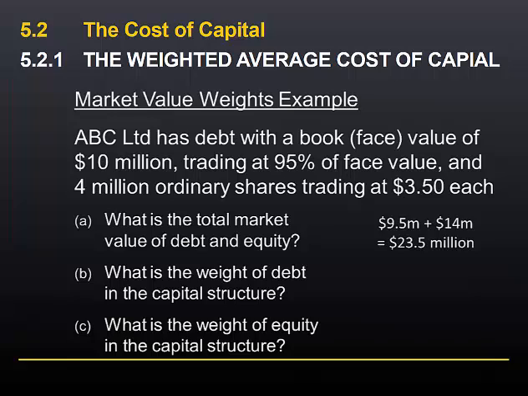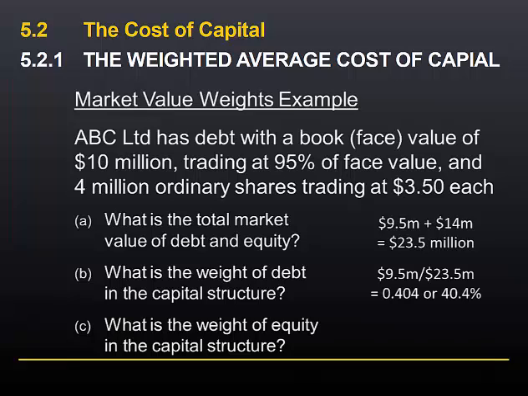Since debt is trading at 95% of its book value of $10 million, the market value of debt is $9.5 million. The market value of shares is equal to the number of shares times the share price. 4 million times $3.50 gives us $14 million, and a total market value of $23.5 million.